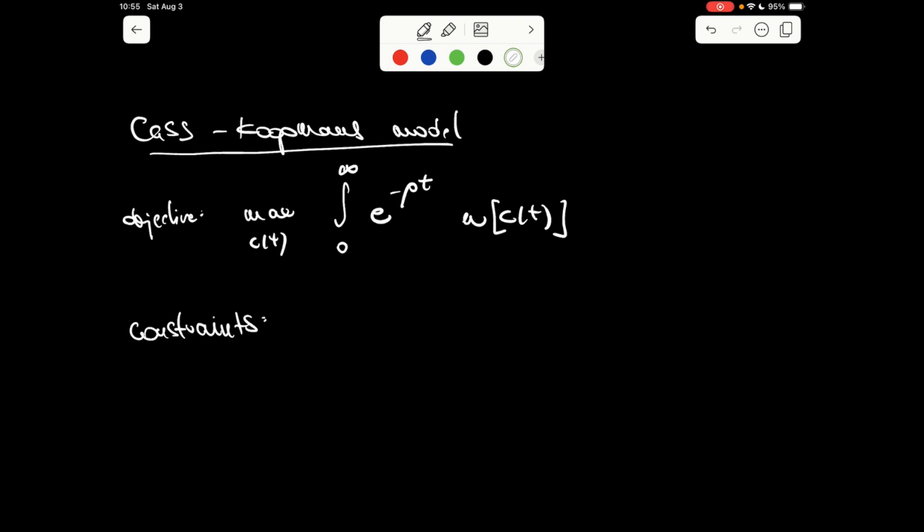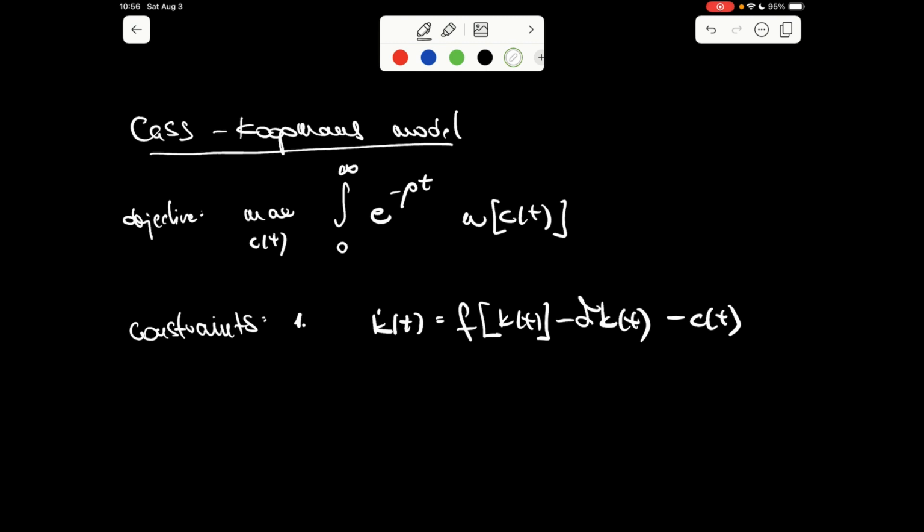We have two constraints. One is the change in the capital stock, which is given by output in period t, depreciation, and consumption. So you can see the change in the capital stock depends on consumption in period t and production according to the production function and the depreciation rate.